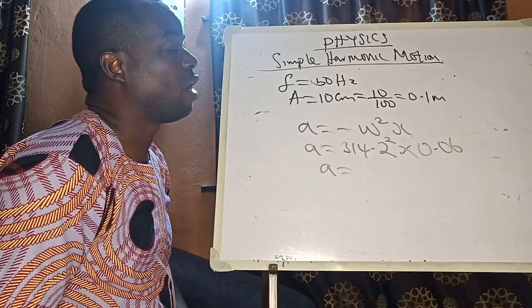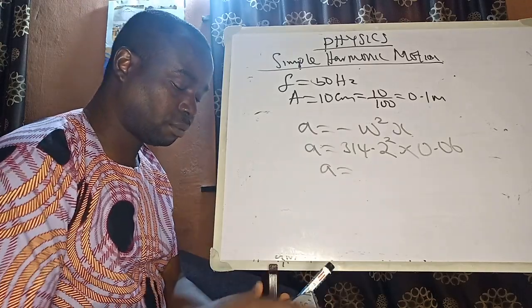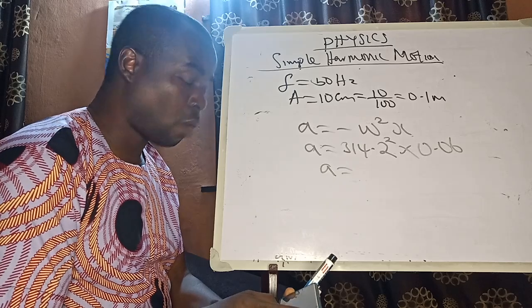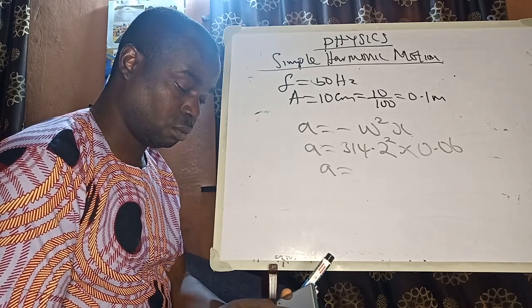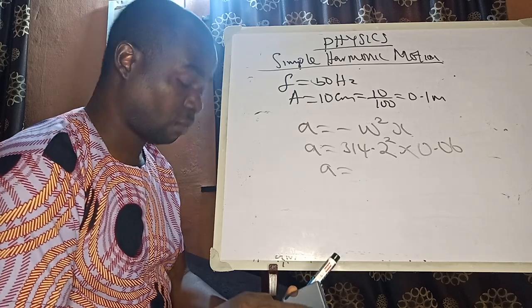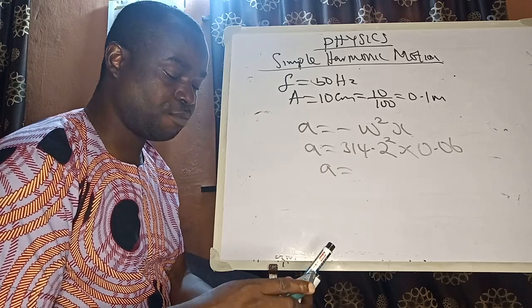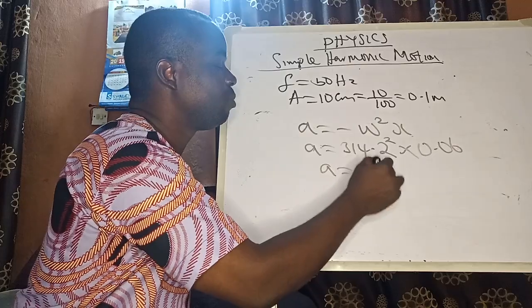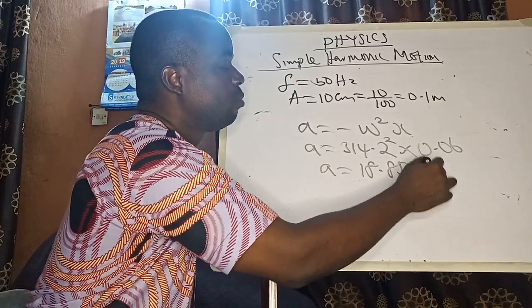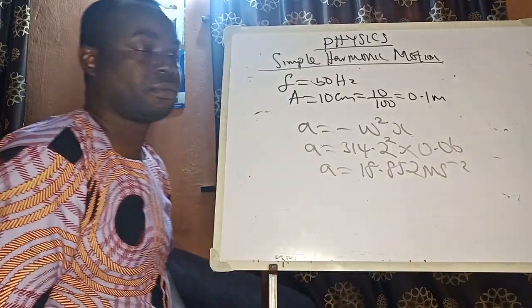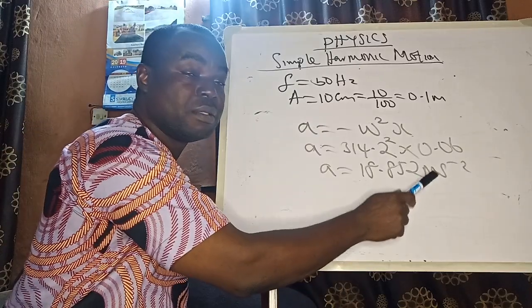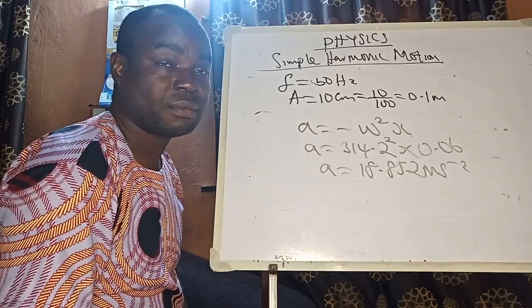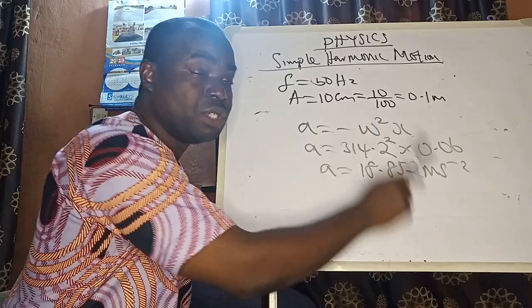If you multiply that out on calculator, 314.2 squared times 0.06 will give me 18.852. So I have 18.852 meters per second squared. These units I'm putting here, all of them are in video 1. Anything you solve for, put the unit.